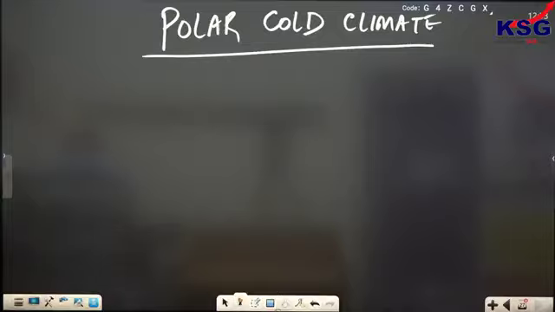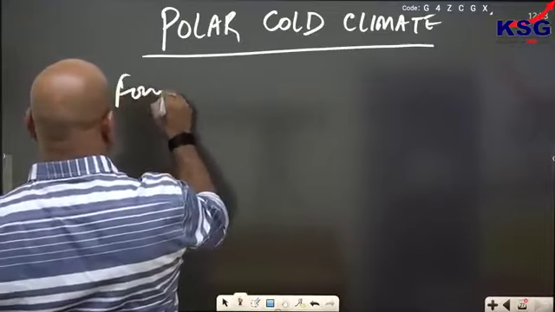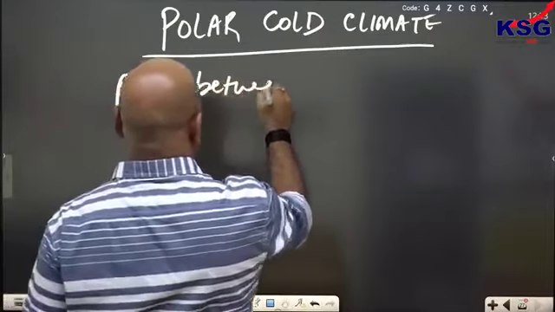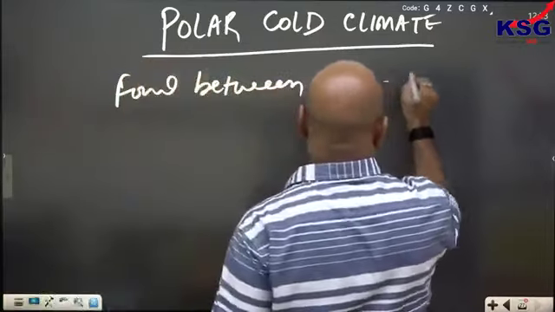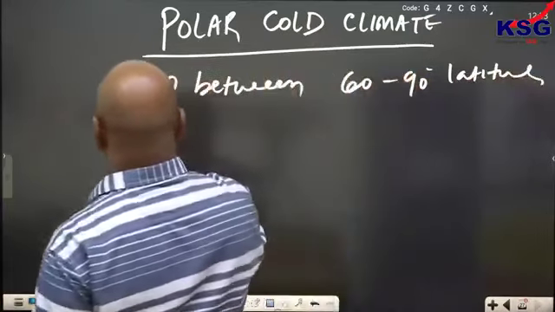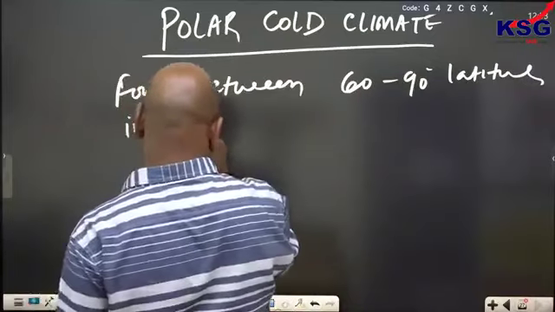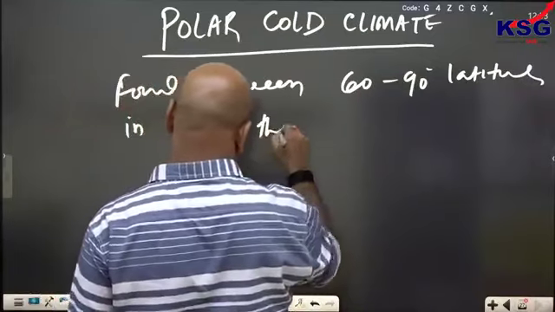Okay, ice cap regions here, found between 60 to 90 degree latitude in both the polar areas, in both the poles.